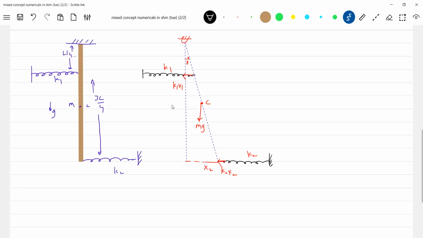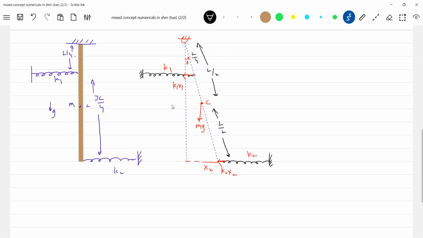Now, what is X1? We need X1. So this length will be L by 4. This length will be L by 2. And this length, not vertical, will be L. Or we'll write it here.